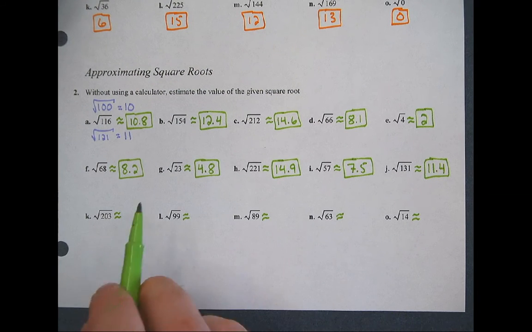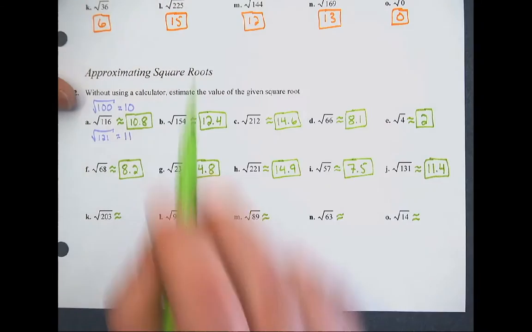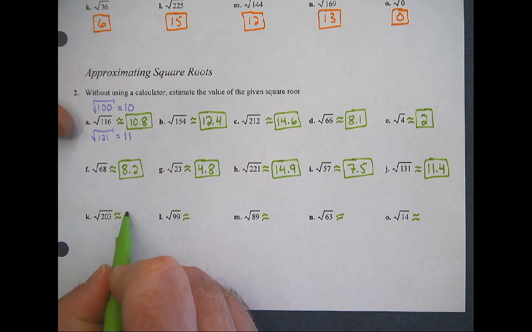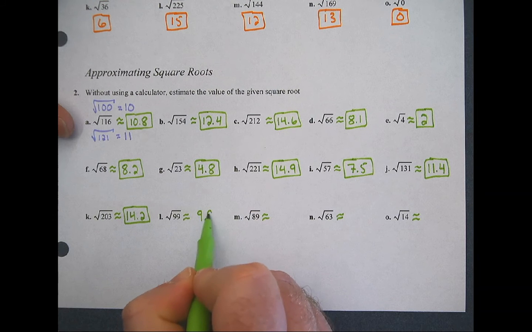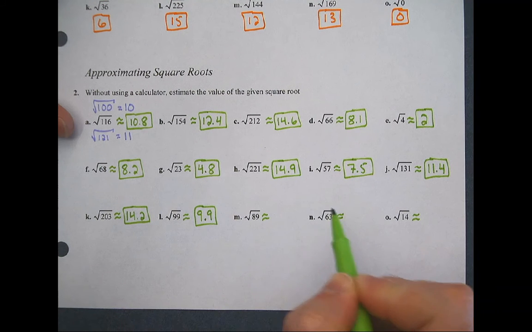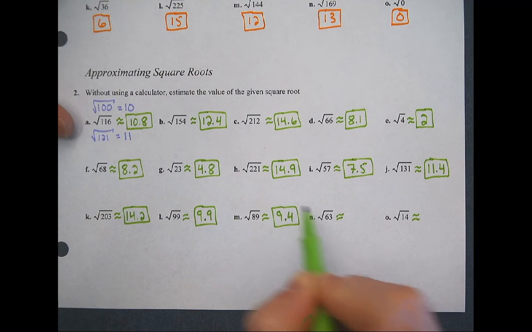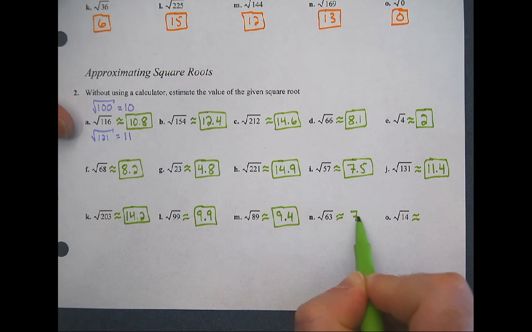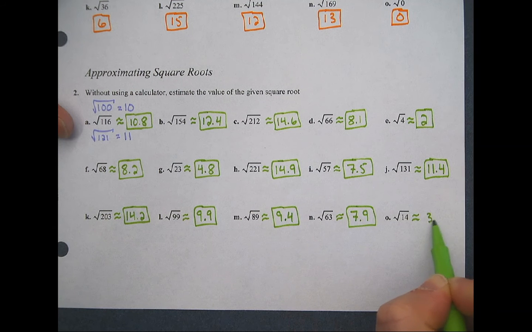You should be estimating, pause, and estimate what these are. They fall between 2 nice perfect squares. If all you're doing is writing down what I'm writing down, you kind of are defeating the purpose of this whole example. 9.9, 9.4, 7.9, and 3.7.